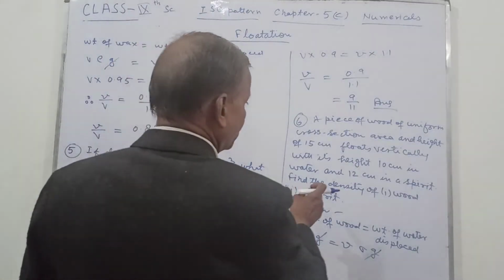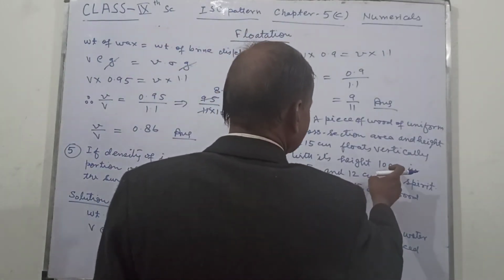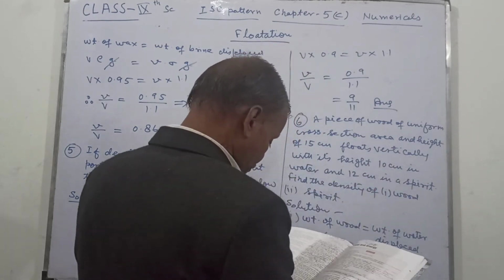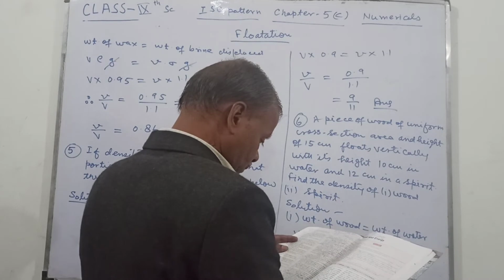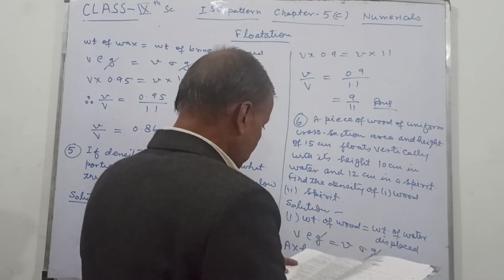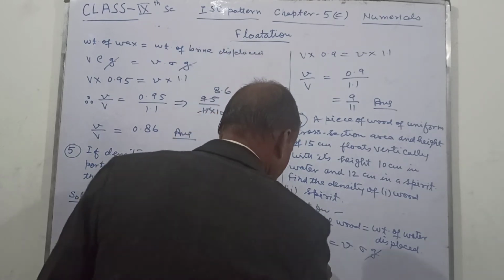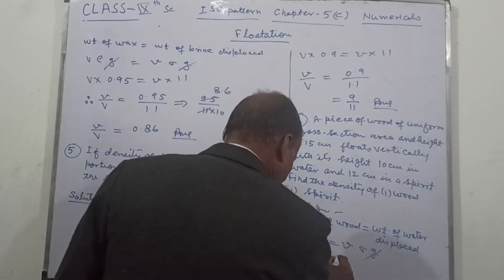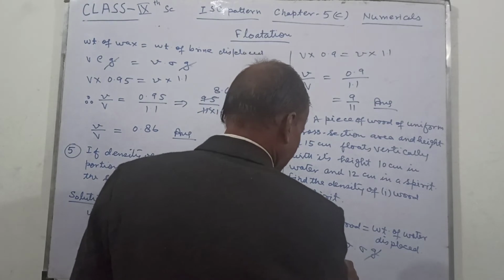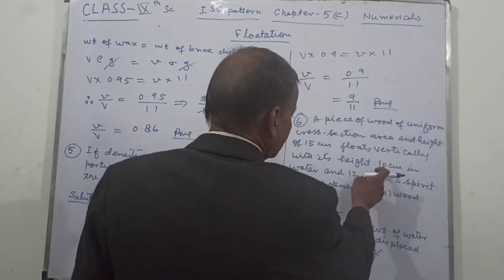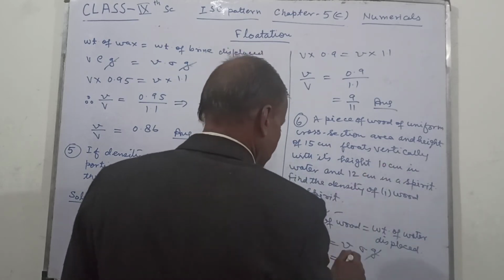Find the density of wood. This is now A into rho, and this is now A into, inside the water, 10 centimeter.